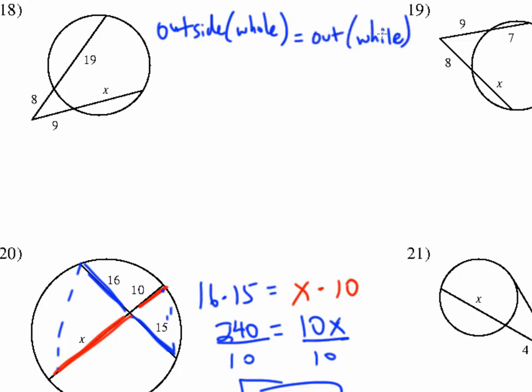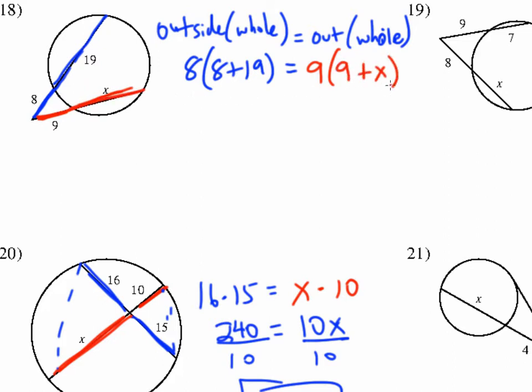So the outside part would be 8 times the whole, which is 8 plus 19, equals the outside part, which is 9, times the whole, which is 9 plus x.